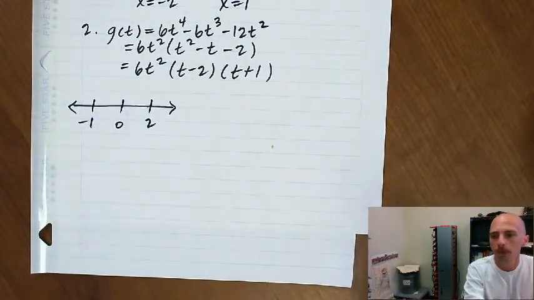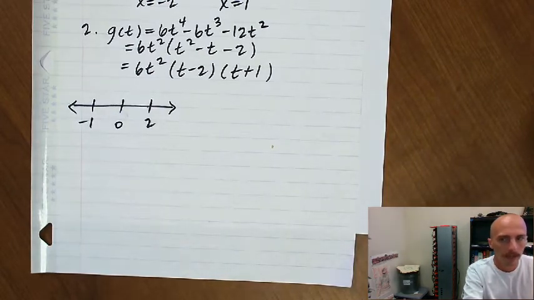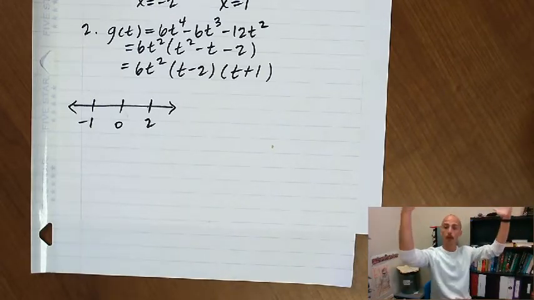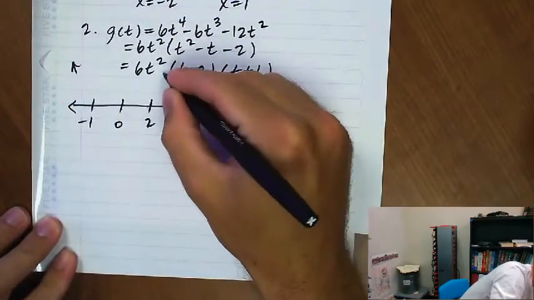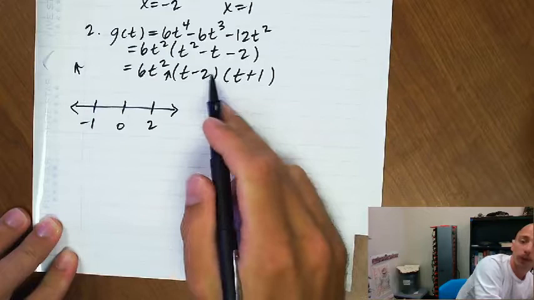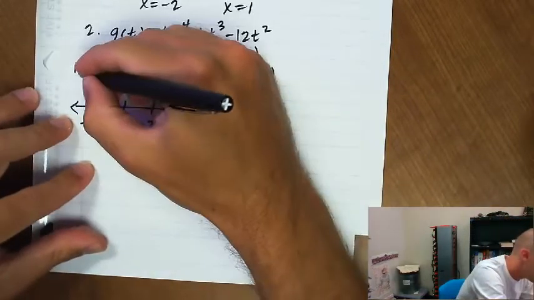Okay. This is a 4th degree polynomial with a positive leading coefficient, which means to me that it's going to look, at least on the outsides, like a parabola, right? So it's going to come from above, and then it's going to eventually go back up. Since these are both single roots, it's going to pass through the x-axis confidently, right?